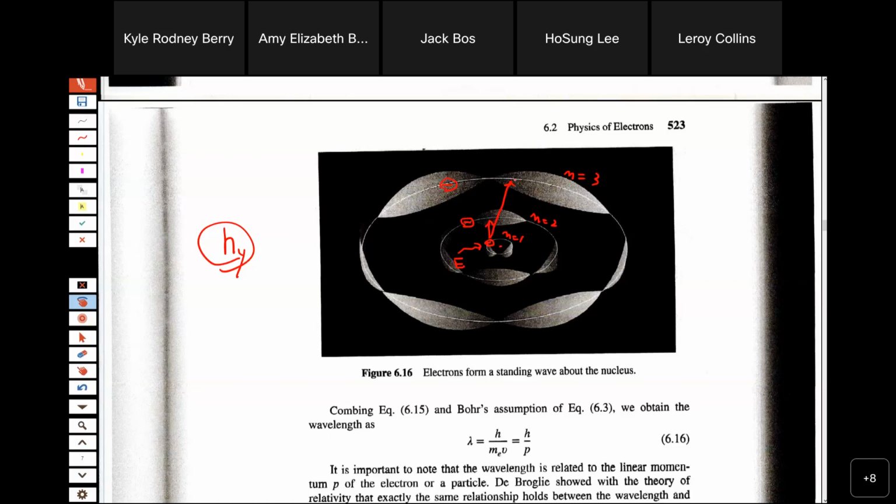And once it is at the third level, sometimes it loses energy and goes back to the second level. Then the energy coming out must be light energy with exactly the same difference in energy. This energy is h times frequency. So frequency is color. So this energy can be checked with the color. So this is evidence, actually.